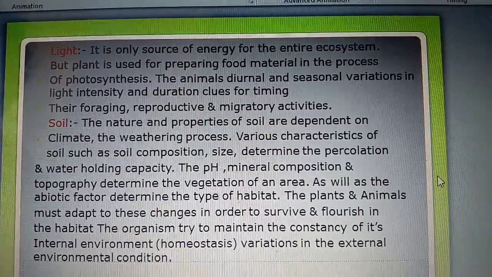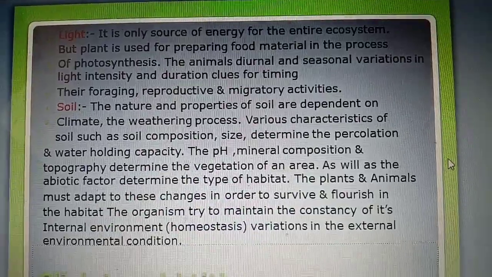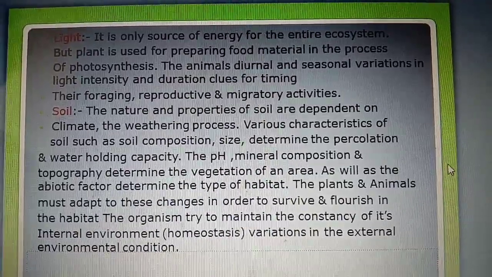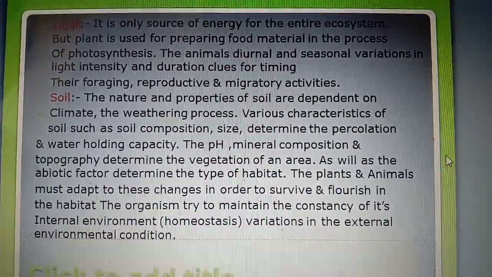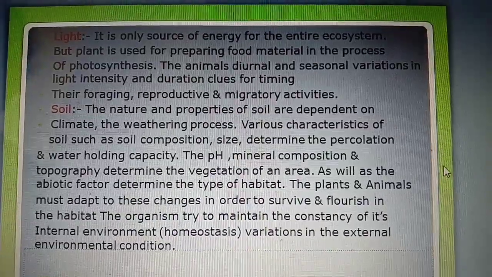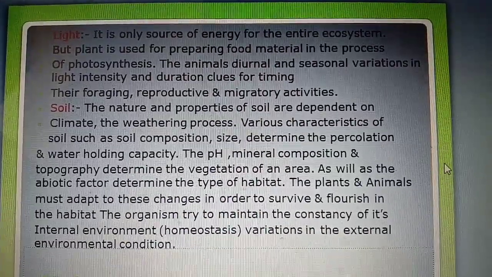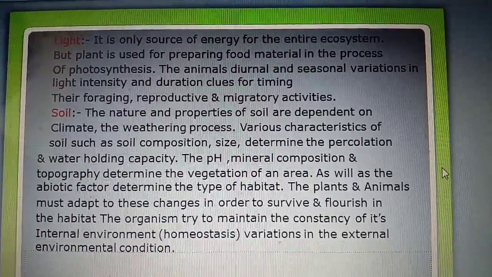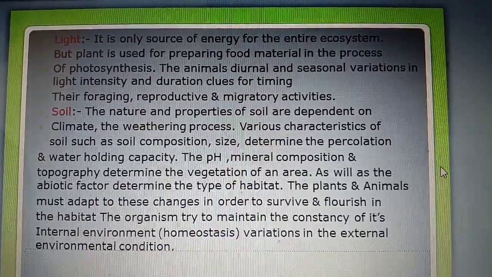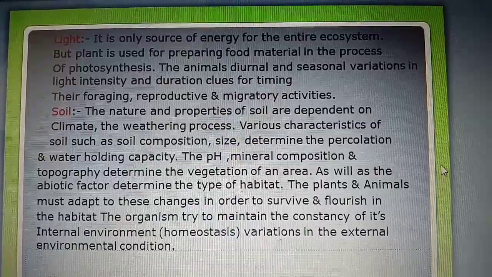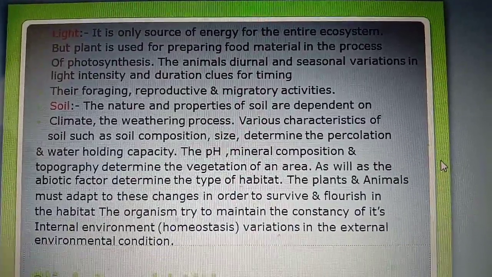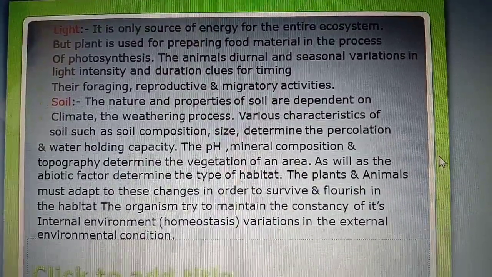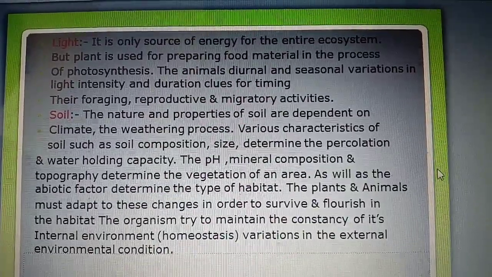The pH, mineral composition and topography determine the vegetation of an area, as well as the type of habitat. Topography means the arrangement of natural and artificial physical features of the area. These are also important soil factors.